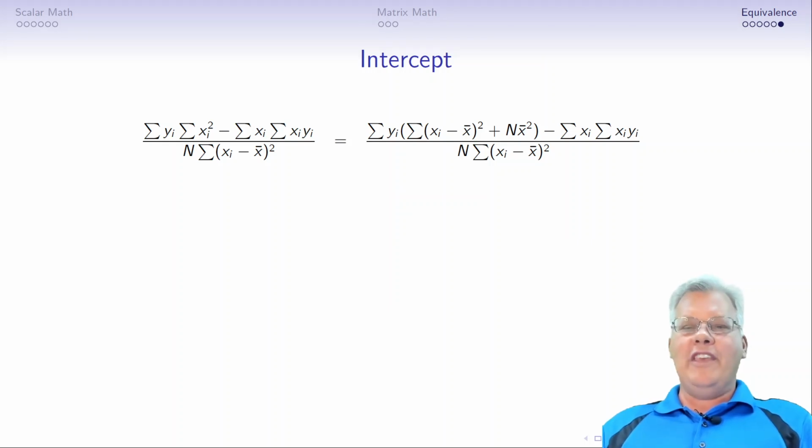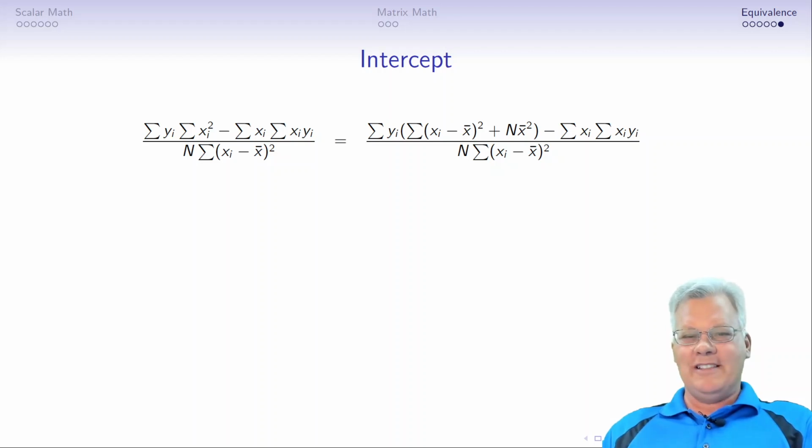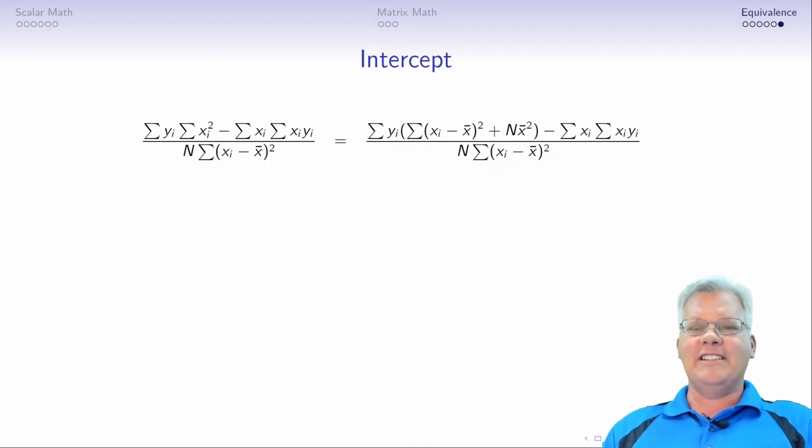Now, to deal with the intercept, notice the second term of this expression, the sum of the xi's squared. I'm going to expand that, on the right-hand side, into this expression enclosed by parentheses.